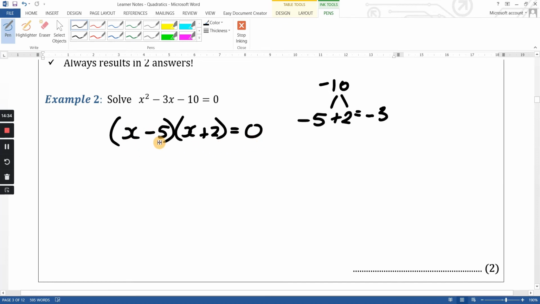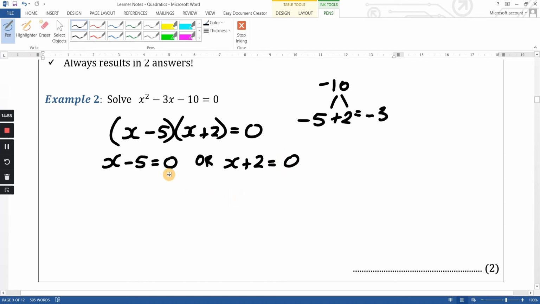So either the first bracket is going to be 0, or the second bracket is going to be 0. So for it to work, either x minus 5 is going to be 0, or x plus 2 is equal to 0. You're going to get two answers for this.